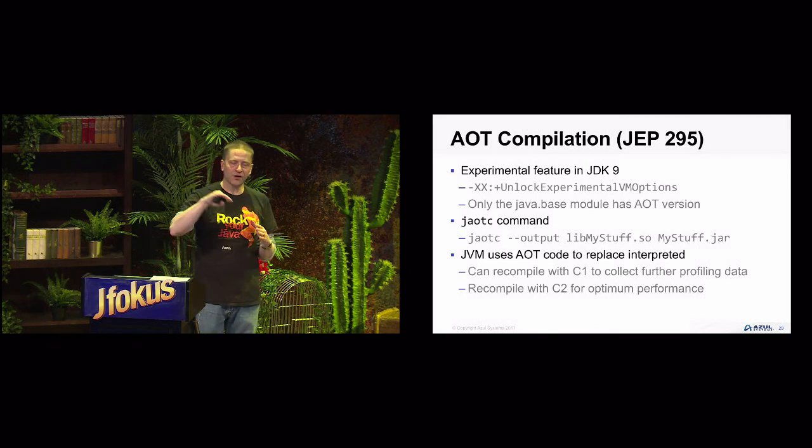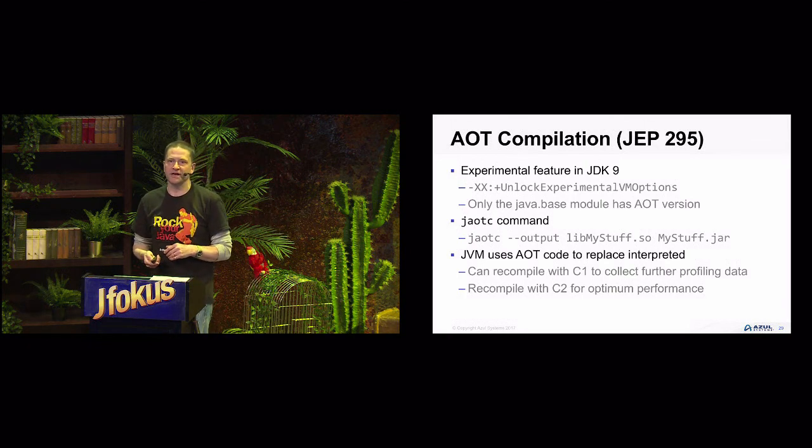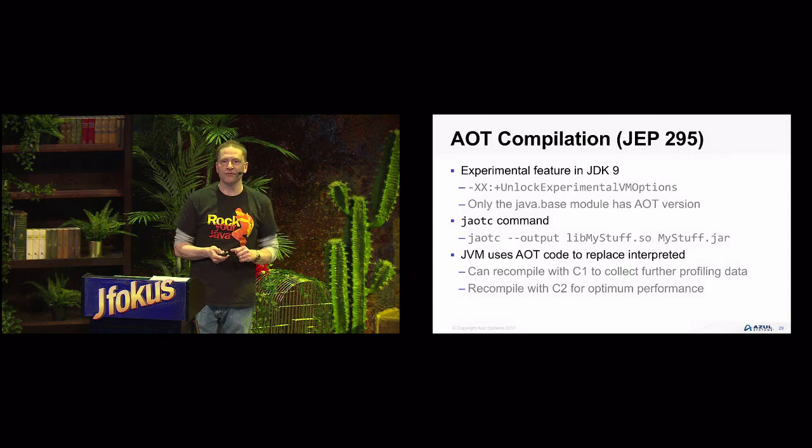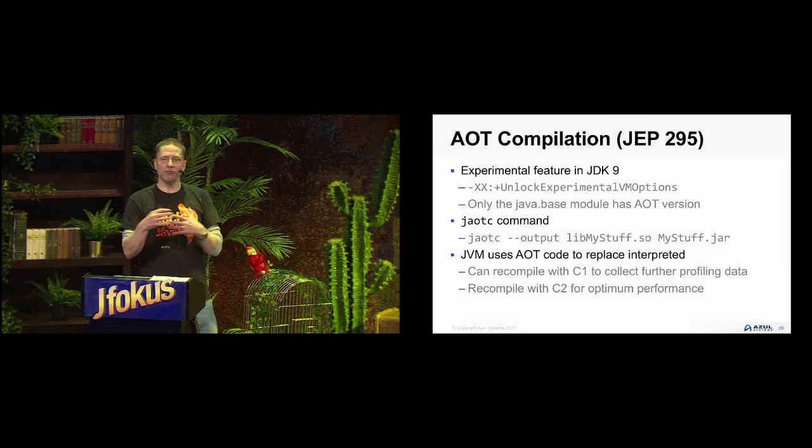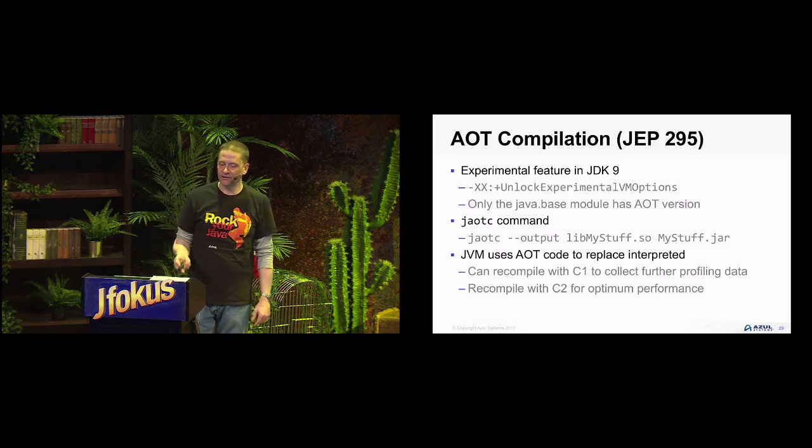So it's a way of eliminating some of the warm-up phase that you get with a traditional JVM. As I said, this is an experimental feature. It's more setting the groundwork for things that are planned in the future around Project Metropolis, which is using the Graal compiler and rewriting a large part of the JVM in Java.